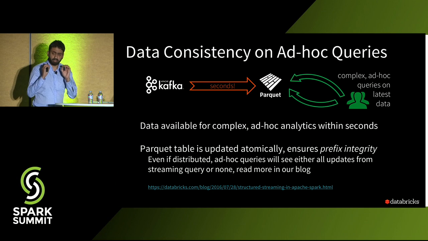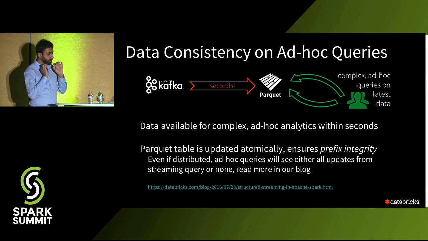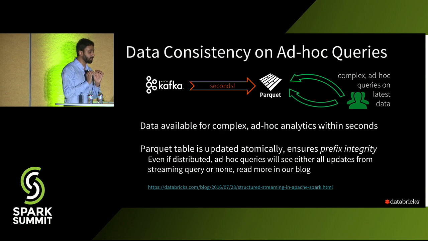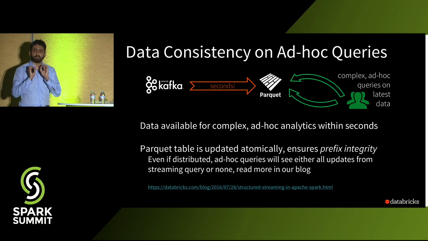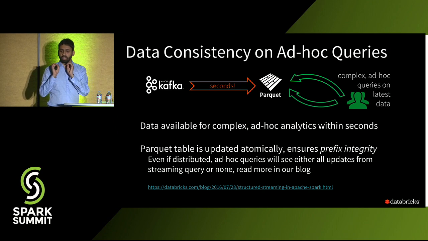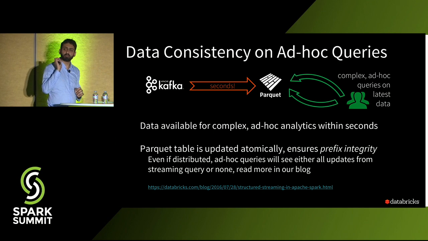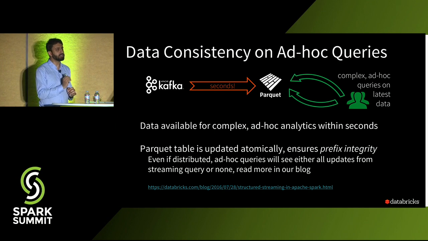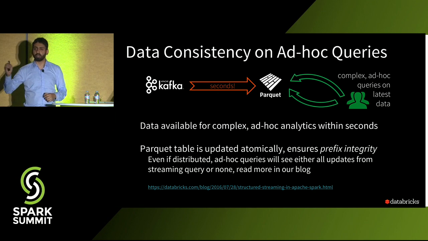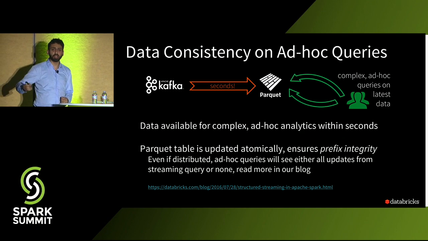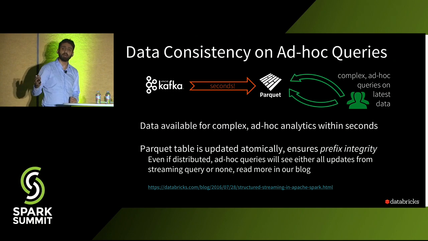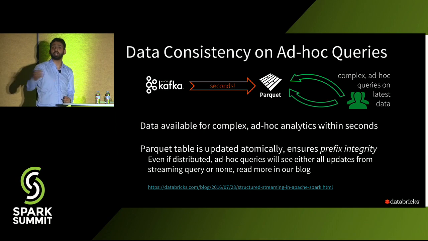Another unique property special to Spark structured streaming is that we preserve a very neat property called prefix integrity. What it means is that as data is getting written out from Kafka to Parquet files in batches, we ensure that either you see all the updates from a batch in the Parquet table, or you see none of it.